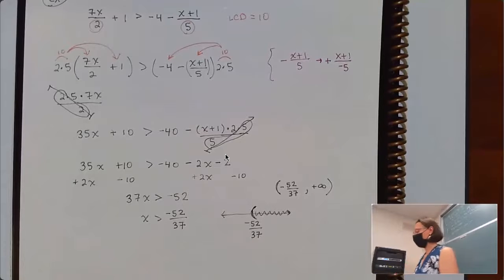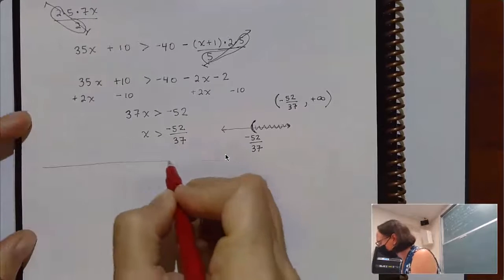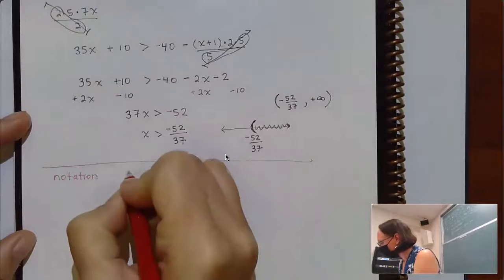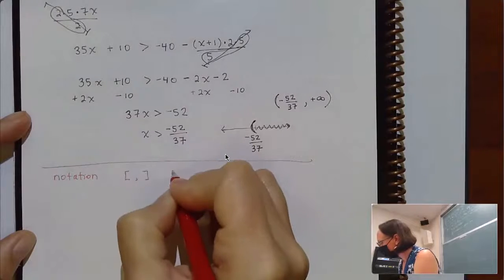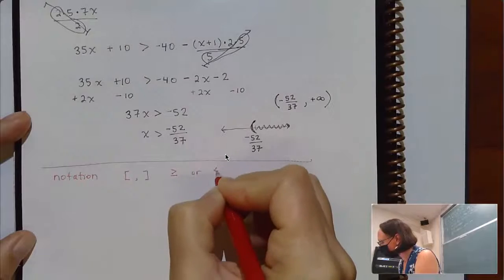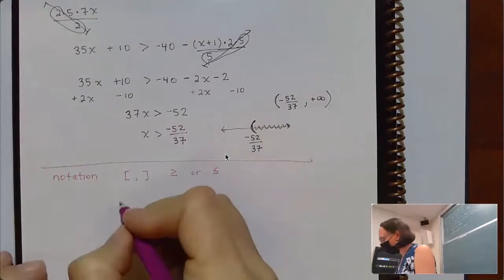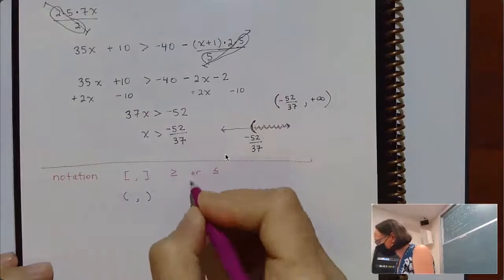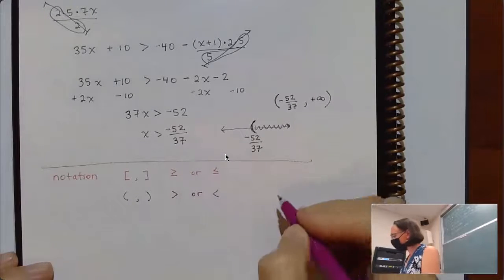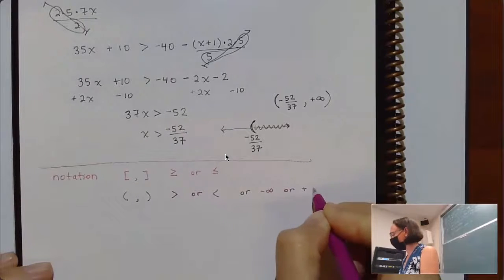Just notation wise, we use brackets when we have either the greater than or equal to or the less than or equal to. We use parentheses when we have a strictly greater than or less than, or anytime we're talking about negative infinity or positive infinity.